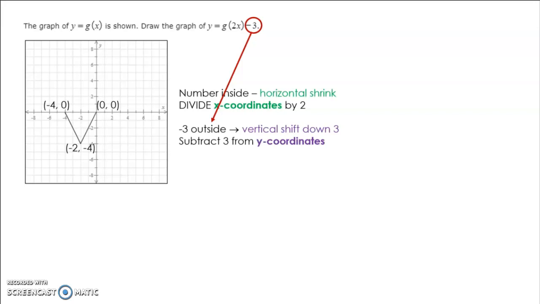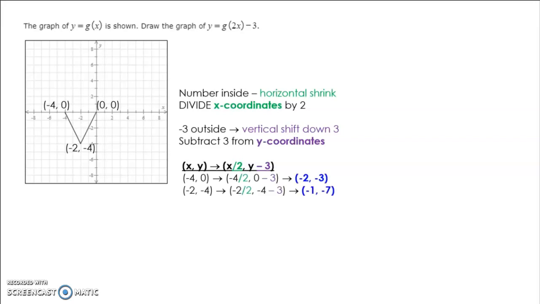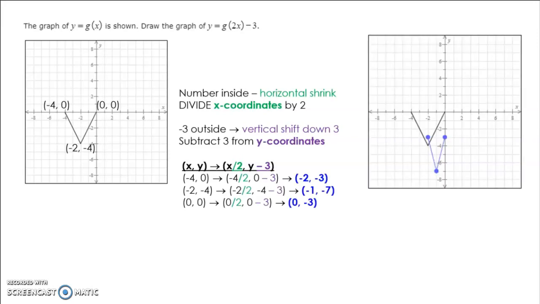That means that we will subtract 3 from the y coordinates. So looking holistically, we'll start with our original ordered pair, divide the x coordinate by 2, subtract 3 from the y coordinate. There's the work for each of those ordered pairs. And then we plot our answer.